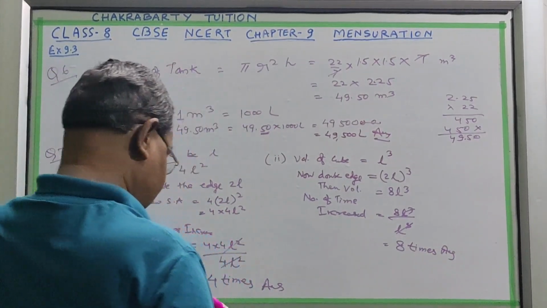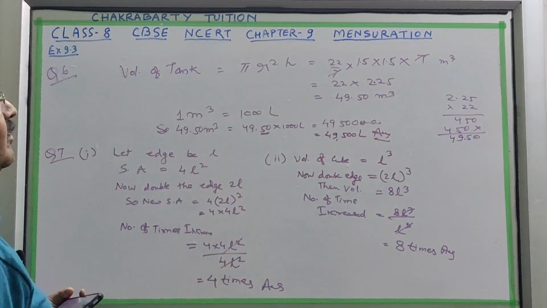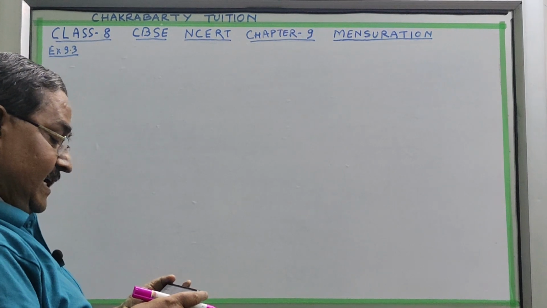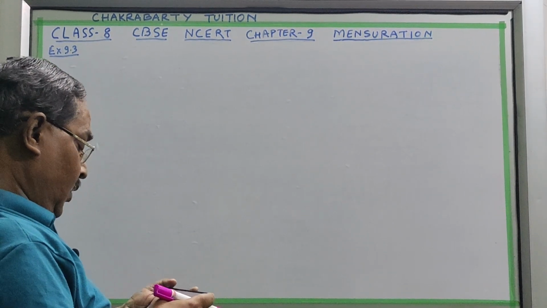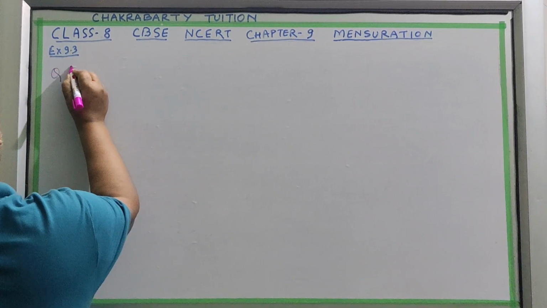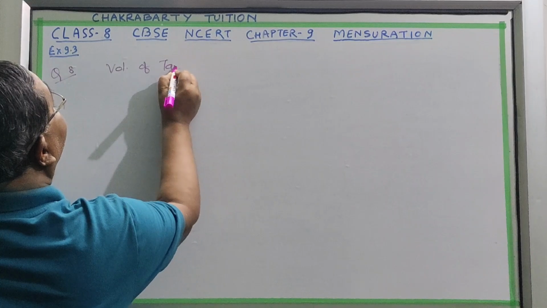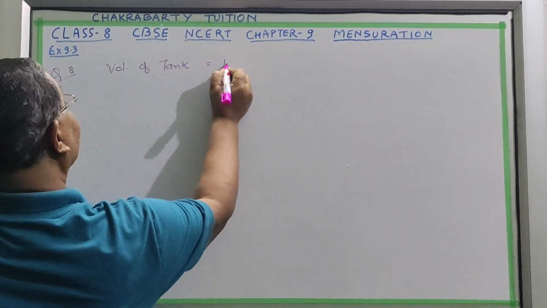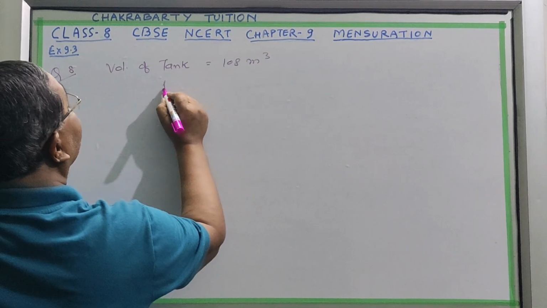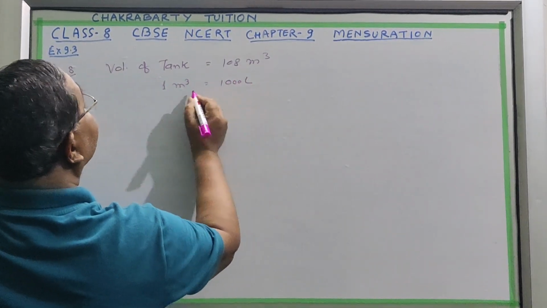Now we will go to question number 8. Okay, we will rub this and go to question number 8. Here one tank is given whose volume is given as 108 meter cube, and 1 meter cube is equal to 1000 liters.